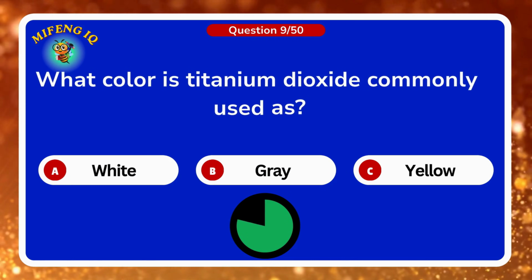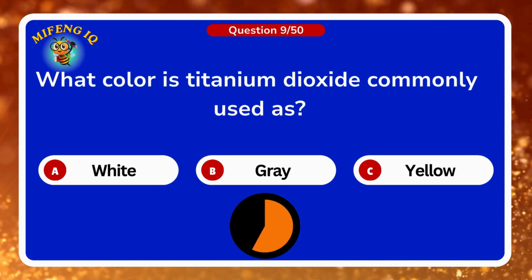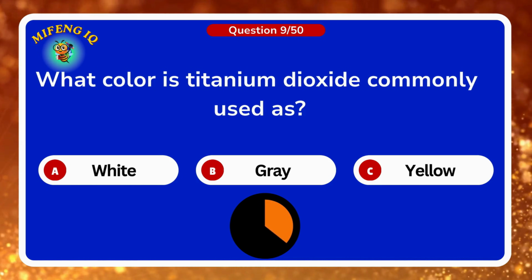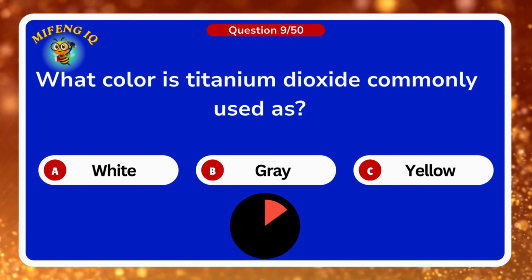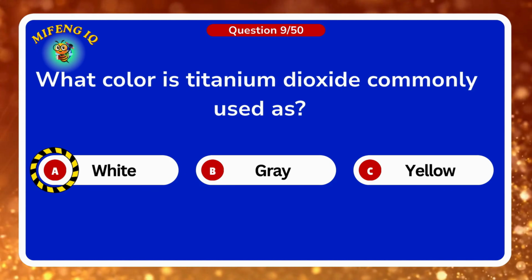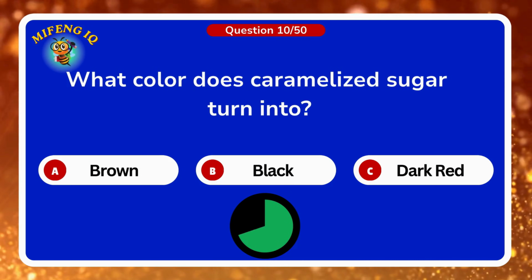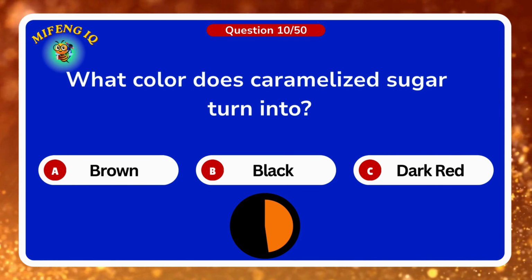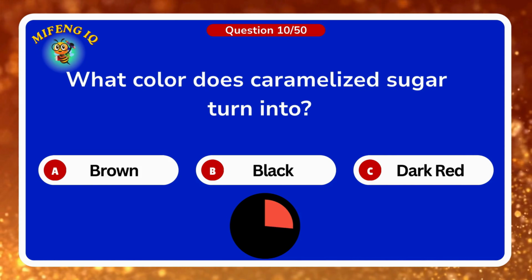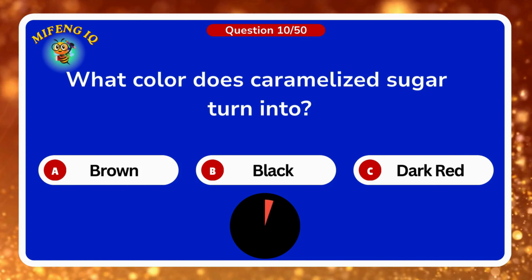What color is titanium dioxide commonly used as? White. Color that caramelized sugar turns into? Brown.